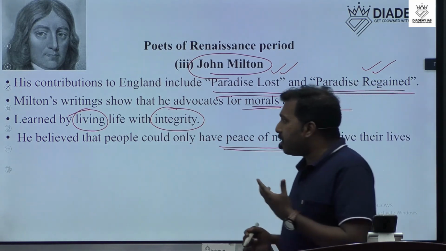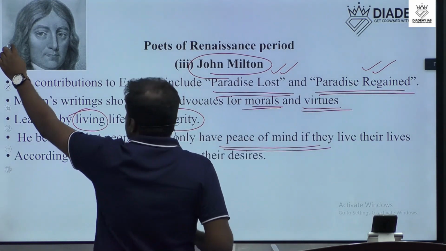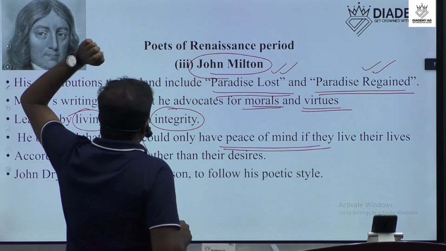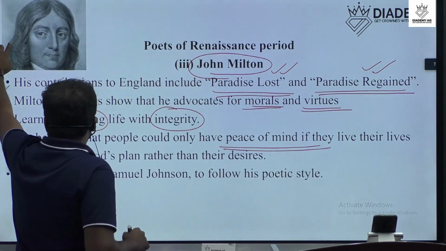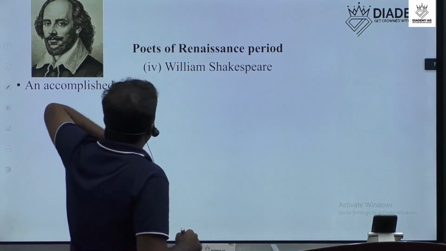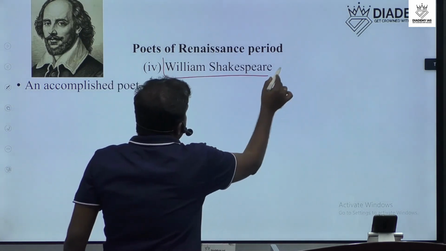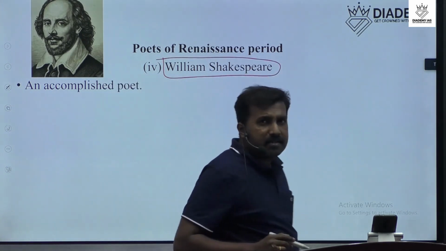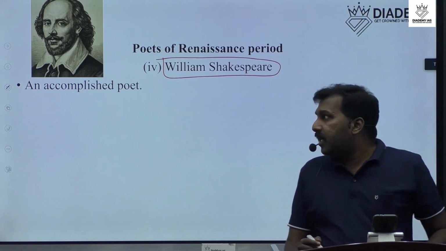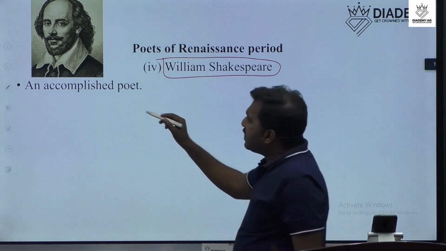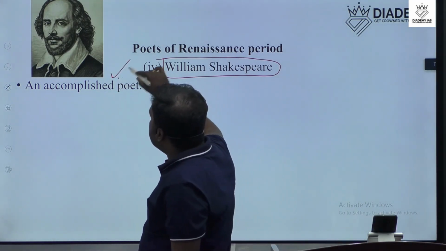So that's an important point regarding Milton. Okay, next point is William Shakespeare. We know that William Shakespeare is one of the important writers in this period, and we can call him an accomplished poet.